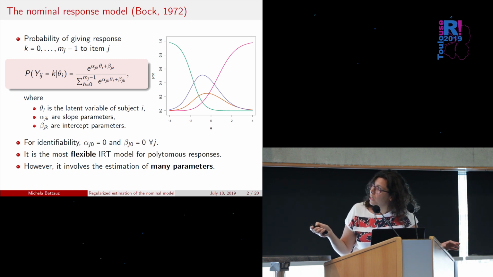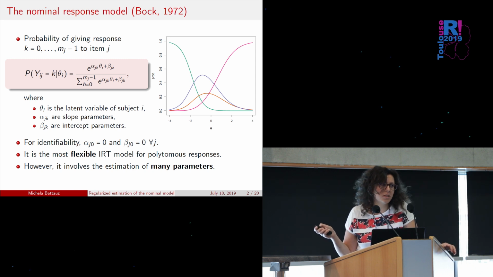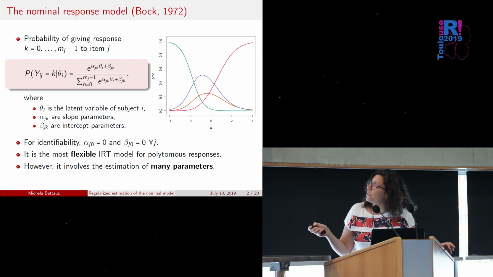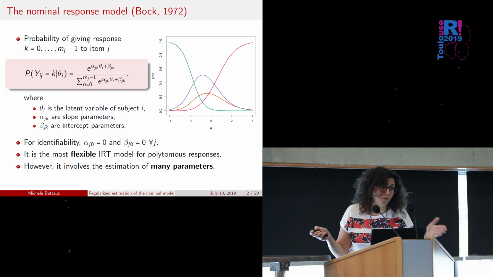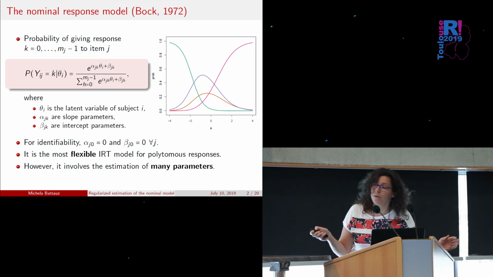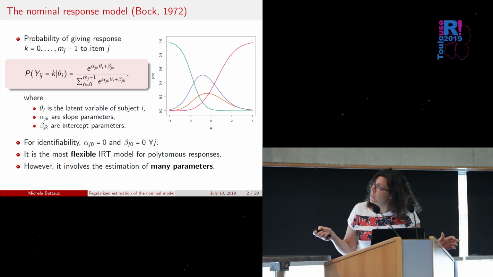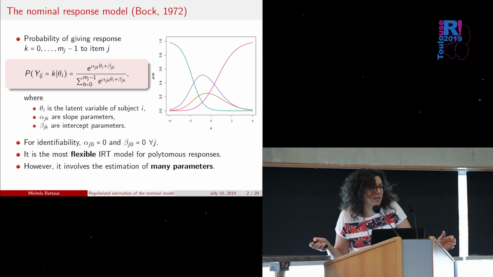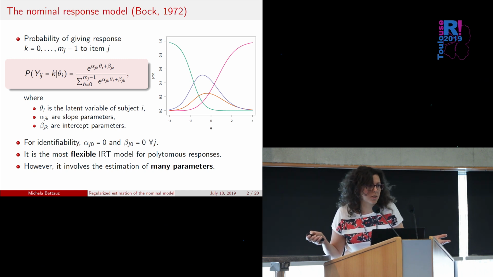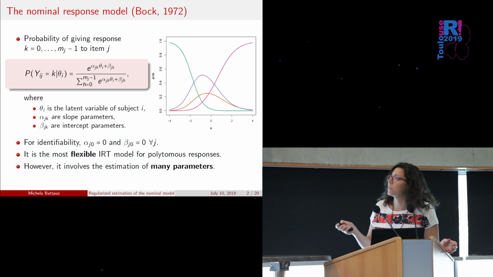In order to assure the identifiability of the parameters, it is necessary to impose some constraints. In my work, I assume that one slope parameter and one intercept parameter of one category for each item are set to 0. This is a very flexible model, certainly the most flexible item response theory model for polytomous responses.